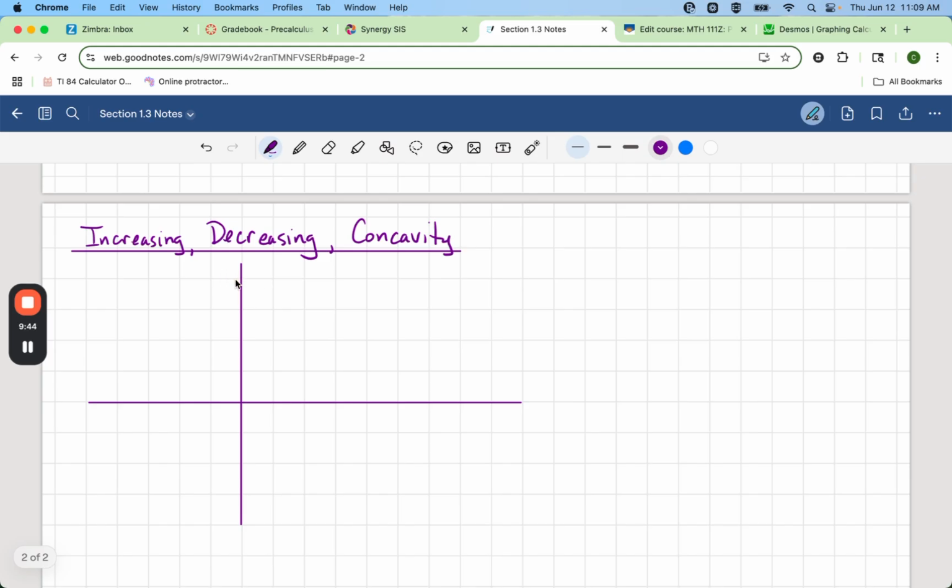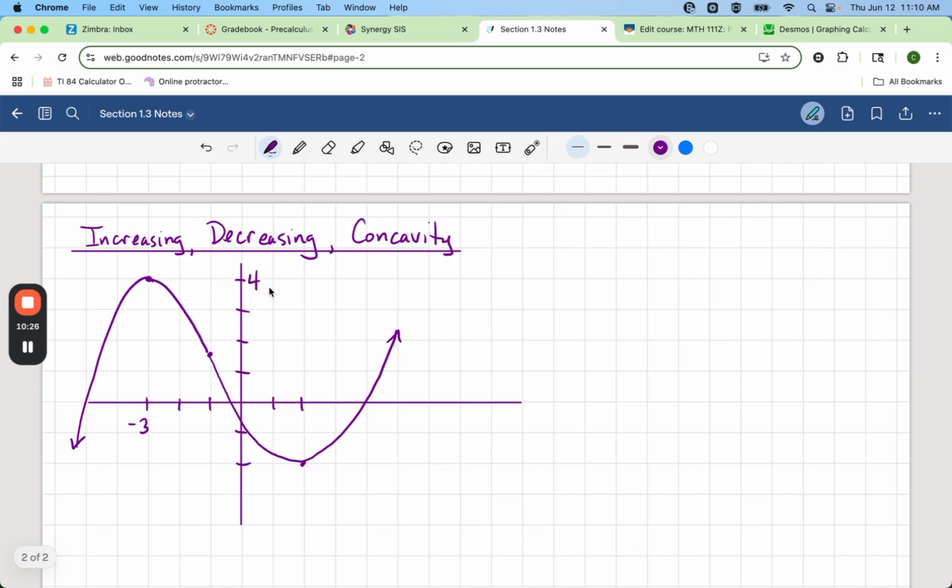So at negative 3, coming up to 4, and then I'm going to come down to about right there, and then I'm going to come down here to 2, negative 2, and I'm swooping back up. Okay, so you can read those 2 points off the graph. All right, now what we're going to talk about is increasing, decreasing, and concavity.